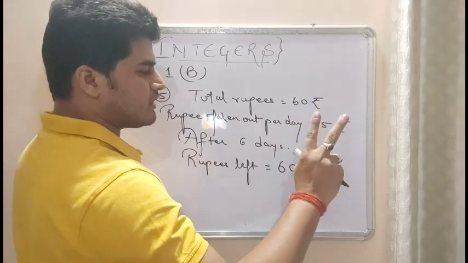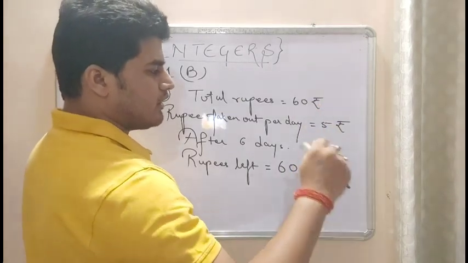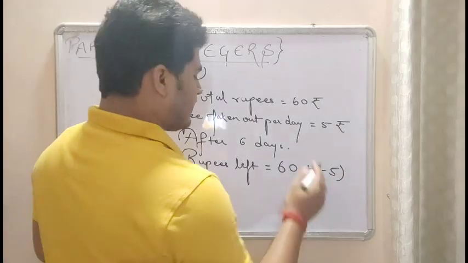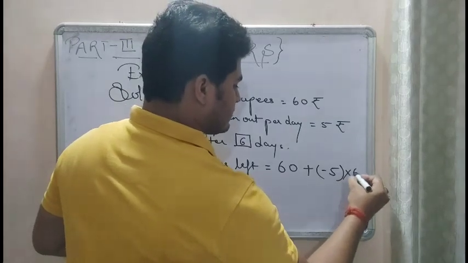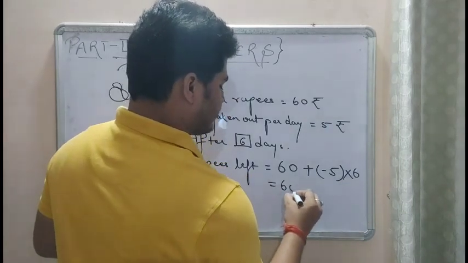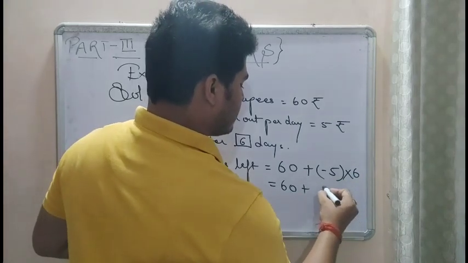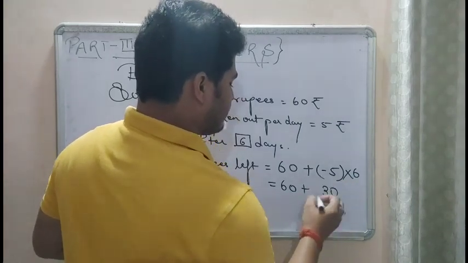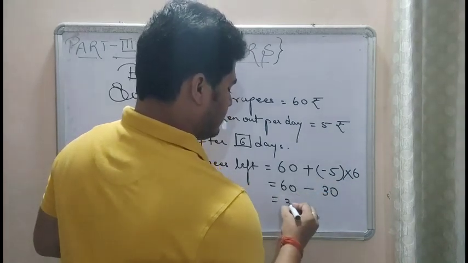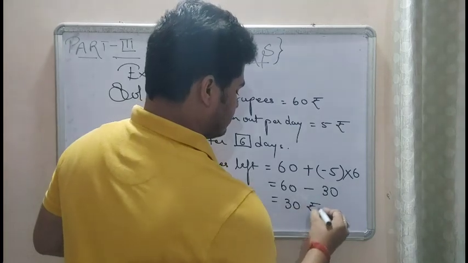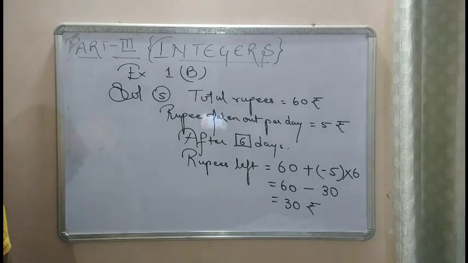So if 2 days she is taking out, minus 5 into 2. If 3 days, minus 5 into 3. If 4 days, minus 5 into 4. Likewise, she is taking out the money for 6 days, so minus 5 into 6. So 60 plus minus 5 into 6. So 5 6s are 30, and minus and plus will give you minus, 60 minus 30, 30 rupees. So she is left with 30 rupees. In this way we can write it down.